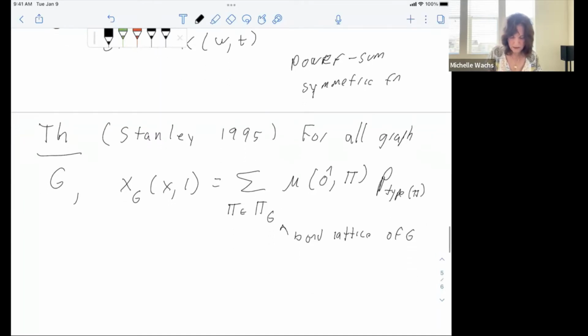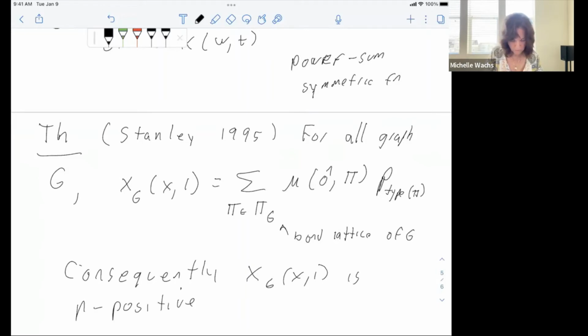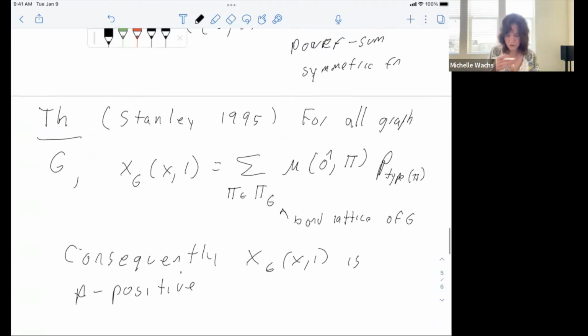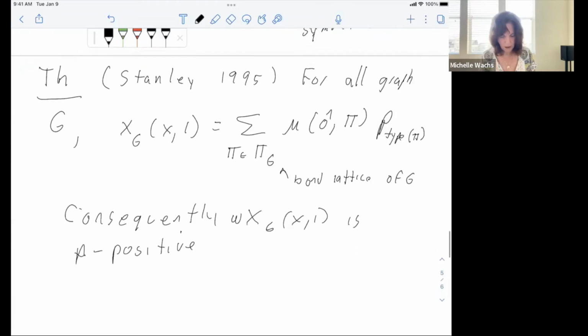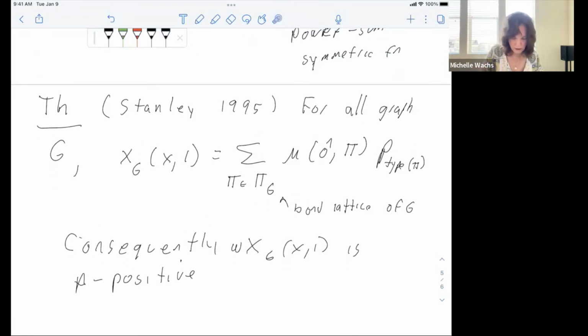And so from this, well, the Möbius function alternates in sign. And so that tells us that X_G(x,1) is P positive. The Möbius function for the bond lattice alternates in sign, and by applying omega, we get P positivity. We'd like to do this for general t and conclude P positivity.